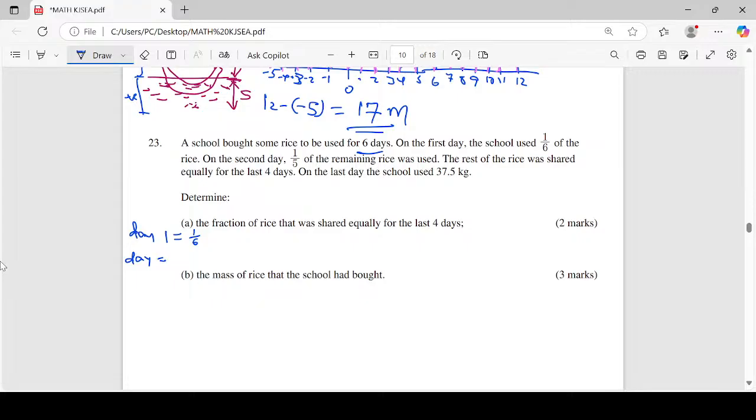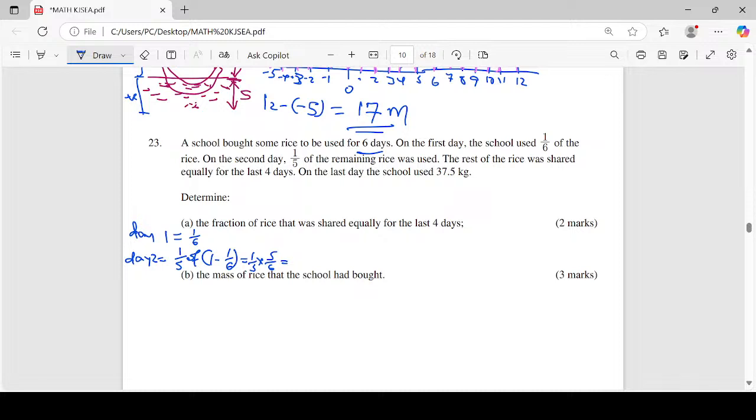So day 2, a fifth of the remaining. What is the remaining? To get the remaining, you know the total fraction adds up to 1, so it's 1 minus what was used on day 1, 1/6, which is 5/6.